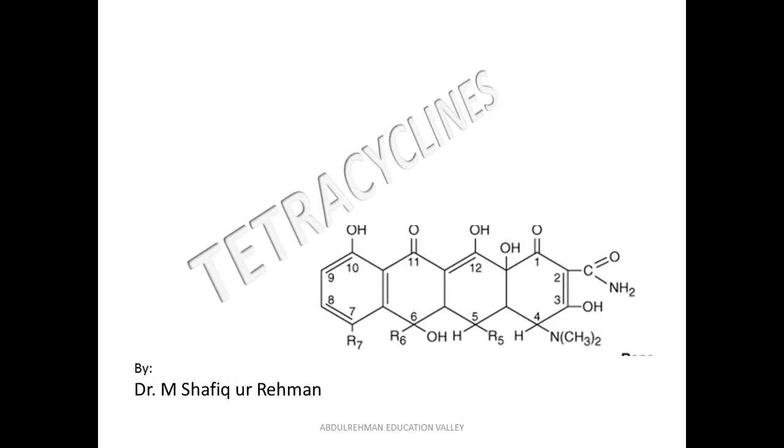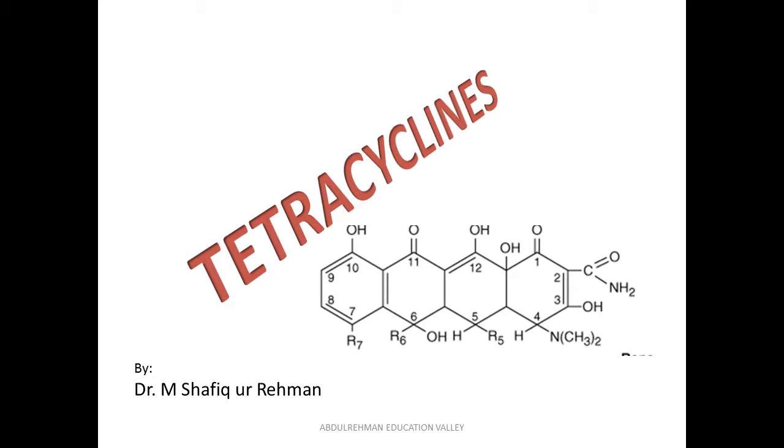Today our topic is protein synthesis inhibitors, the major group being tetracyclines, which consist of four fused cyclohexane rings with a system of conjugated double bonds.